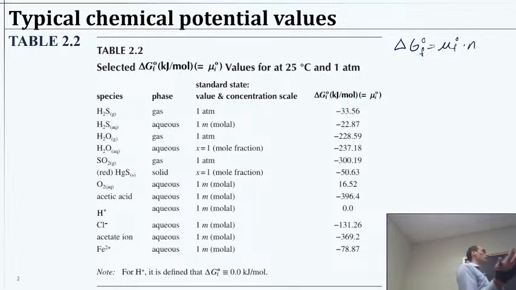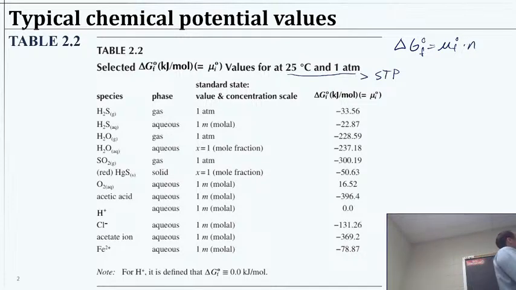So if the number of moles is 1, as in kilojoules per mole, then that's going to be the same. Okay, and the little standard symbol means we're at standard conditions, which is 25 Celsius and 1 atmosphere. We often call that standard temperature and pressure.